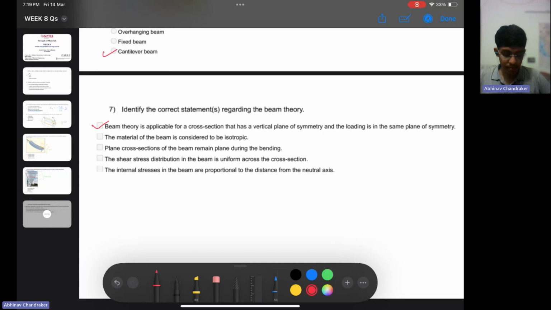That was pure bending. The next option is the material of the beam is considered to be isotropic. So we also made that assumption. Based on this, we were able to say that all the other axial strains except from that in the x direction, all the other normal strains and the shear strains will be zero.